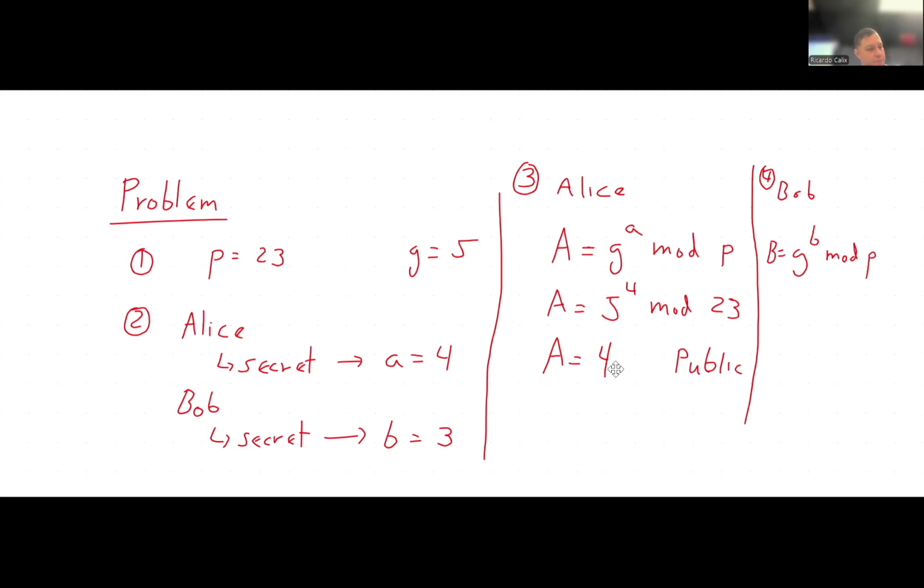G is 5, to the B, which was 3, mod P, which is 23.